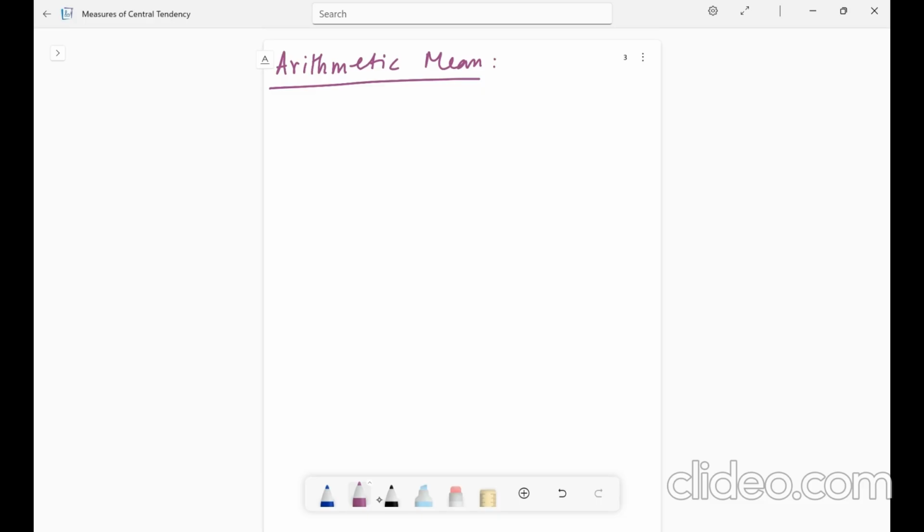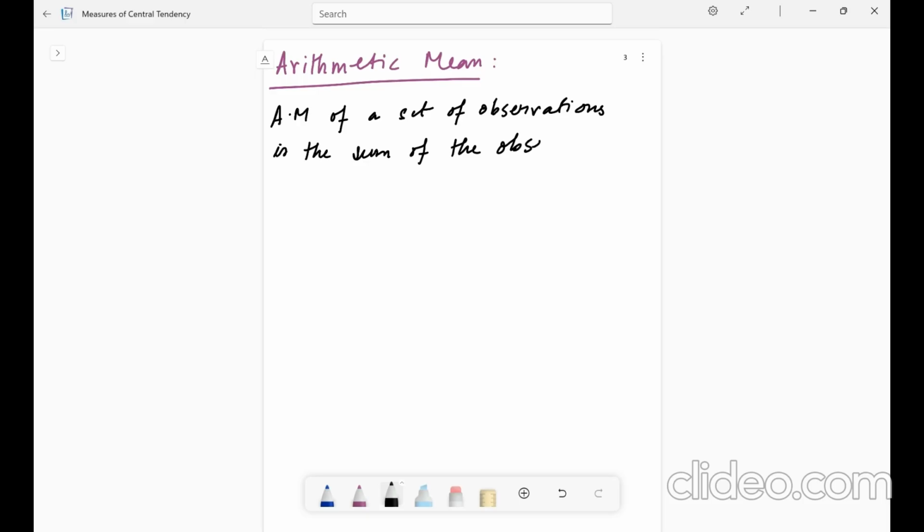So the AM of a set of observations is the sum of the observations divided by the number of observations.